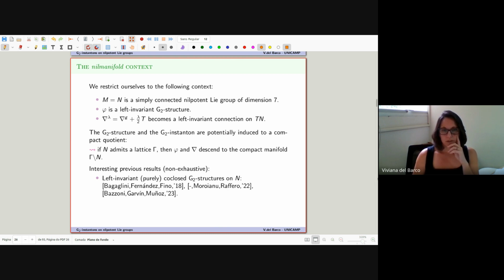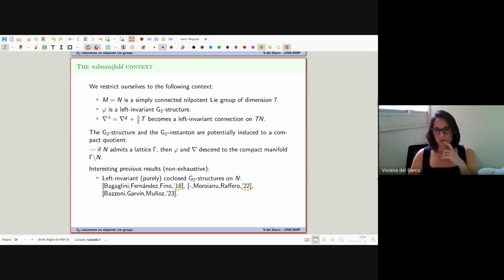Bagaglini, Fernandez, and Fino started, as far as I recall, with two-step nilpotent. They worked through the classification of 7-dimensional two-step nilpotent, but they also have examples on 3-step nilpotent. And they classified the algebras that admitted coclosed G2 structures.